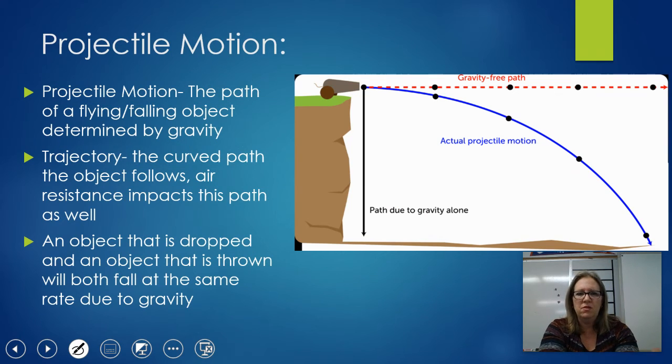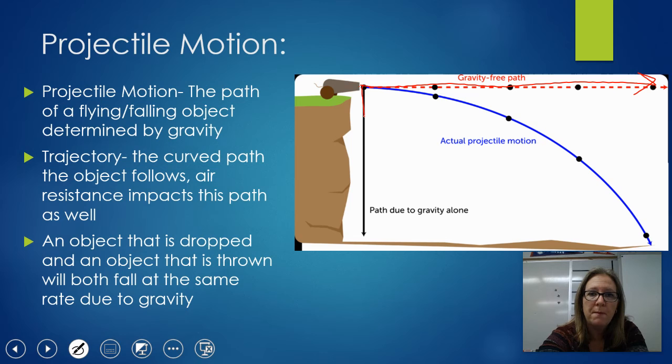All right, another cool thing is projectile motion. If I throw a ball, it's a projectile, okay? But we all know that it's going to eventually hit the ground, right? So the path of a flying or falling object is determined by gravity, okay? The trajectory is that curved path, okay? So if I have a cannon up here, without gravity, it's going to keep going straight. Gravity's not going to act on it, it's just going to keep going straight forever.